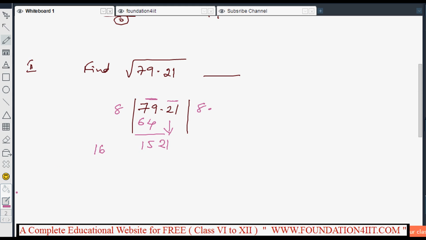Now we check the next place: 169, 9 nines is 1521. If it is a perfect square, you'll get 0 in the remainder place finally. So the answer is 8.9.